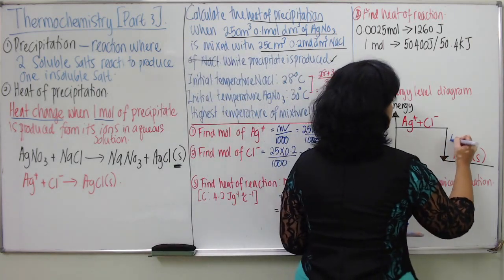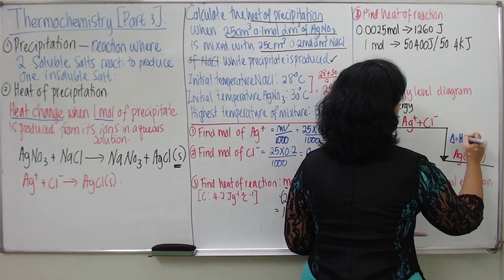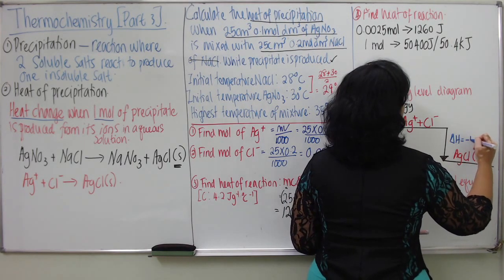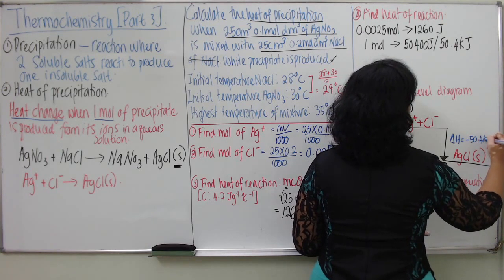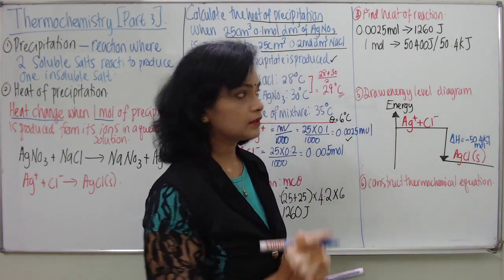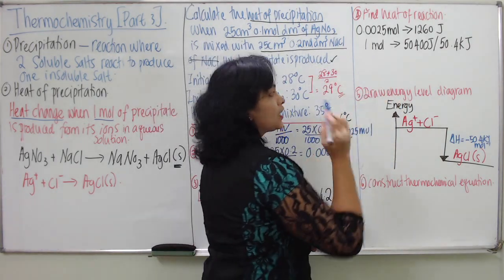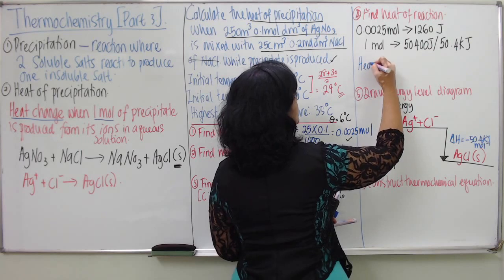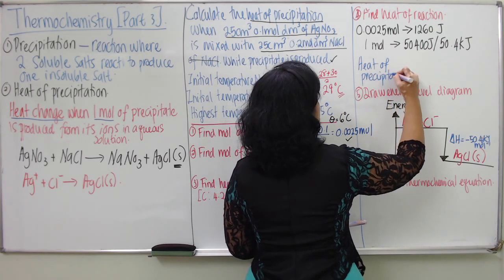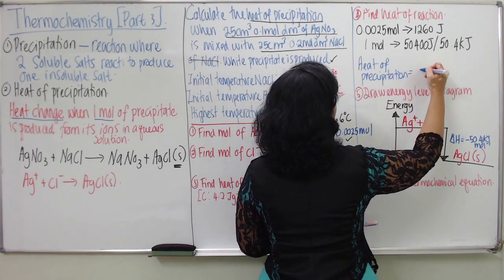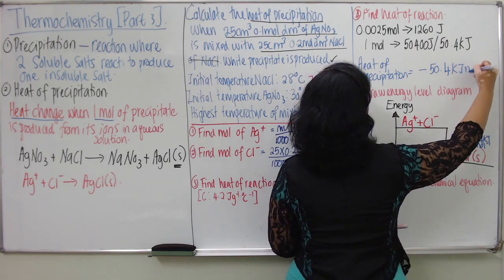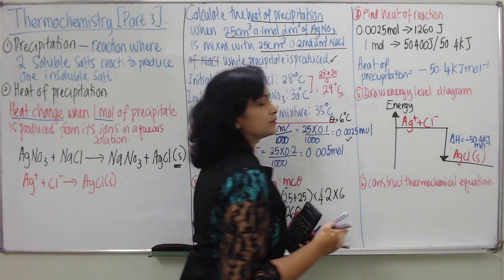Okay, so now ΔH equals negative 50.4 kilojoule per mole. Oh yeah, teacher forgot one thing. So once students get this, I want you to write this: heat of precipitation equals negative 50.4 kilojoule per mole. Students, this is important.